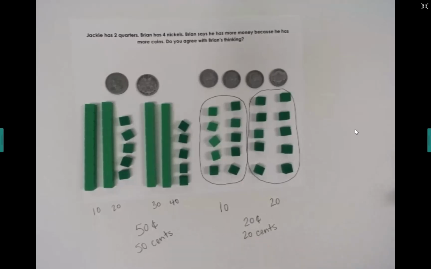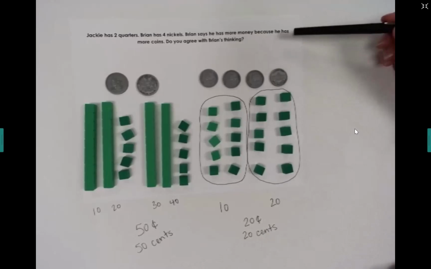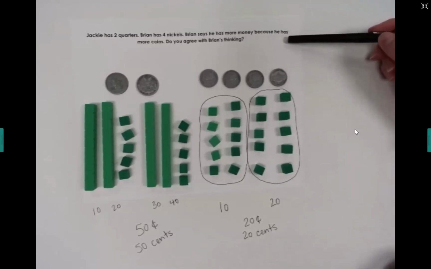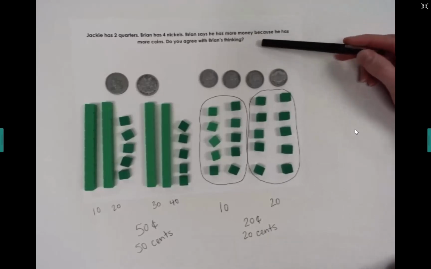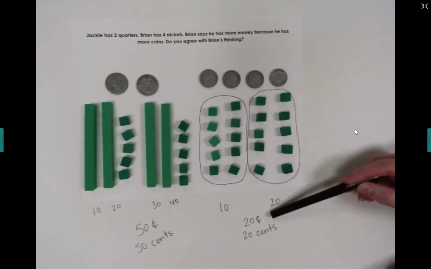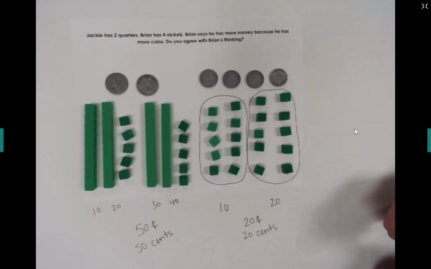Or I could think about it as 20 is less than 50. So Brian has less money than Jackie does. So I would disagree with Brian's thinking. Brian said he had more money because he has more coins. But I disagree because 20 cents is less than 50 cents.